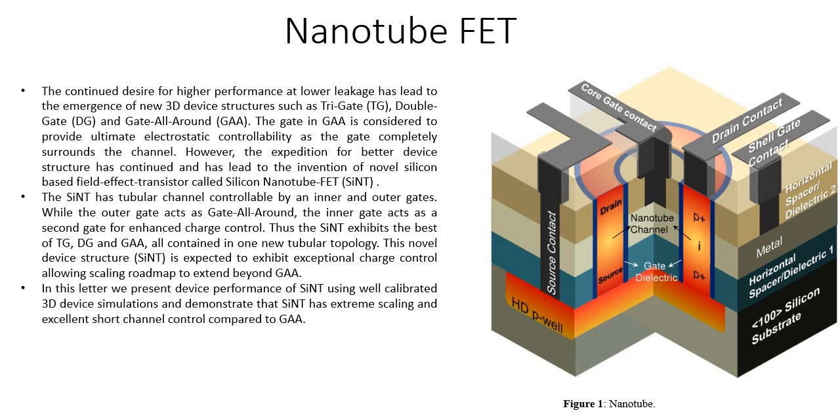There is an outer gate, then there is another, an inner gate. That inner gate is basically a tubular topology. The silicon nanotube exhibits the best device structure, which is expected to have exceptional charge control, which allows further scaling of the device.